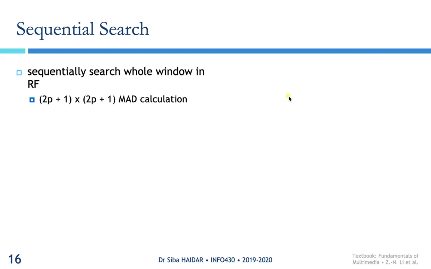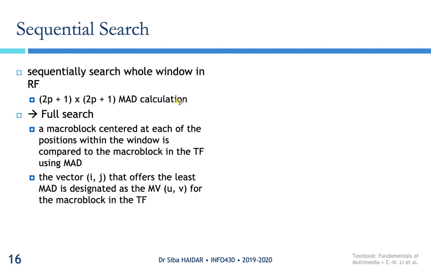For the sequential search, as you know, we have to sequentially search the whole window in the reference frame, and this will cost us 2p plus 1 times 2p plus 1 macro blocks to compare with our macro block, and this will cost us 2p plus 1 times 2p plus 1, of course, MAD calculations in order to deduce which is the minimum.